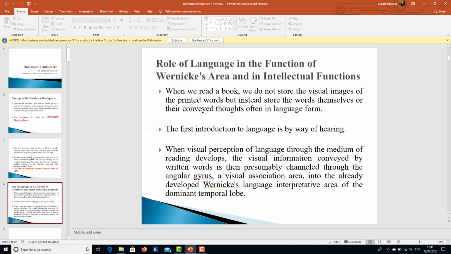When the visual perception of language through reading develops, the visual information conveyed by the written words is presumably channeled via the angular gyrus, a visual association area, into the already developed Wernicke's language interpretative area of the dominant temporal lobe.